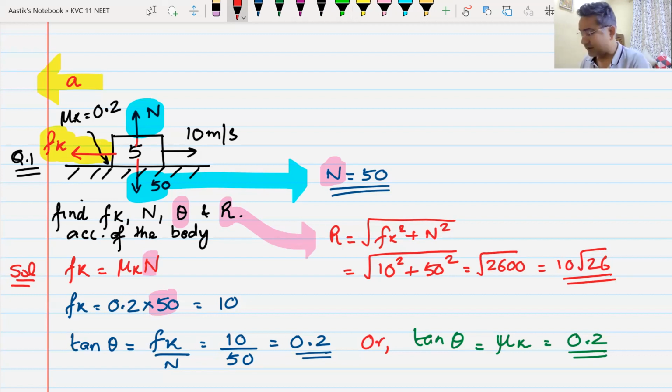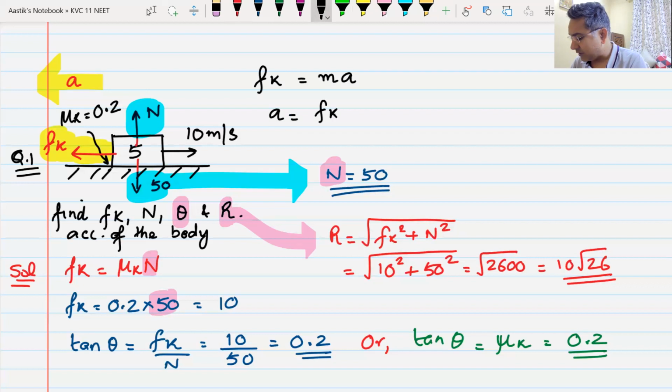To find out the acceleration of this body, I will have to equate the net force. The net force is in the backward direction, and the net force Fk must be equal to mass into acceleration, because that is the only force acting on this body. So the acceleration will be Fk divided by m, in the backward direction.